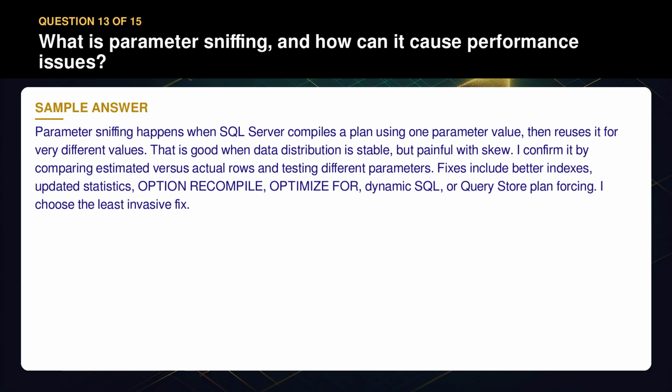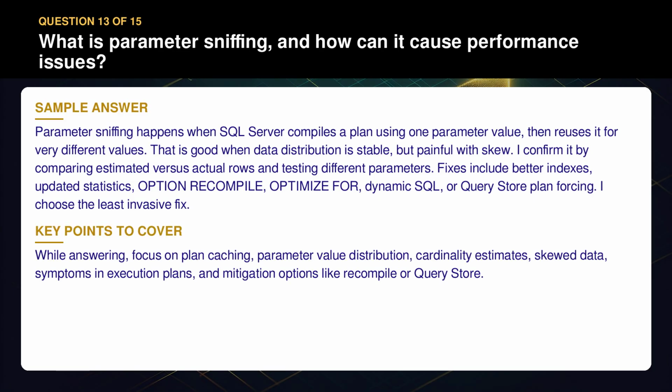Fixes include better indexes, updated statistics, option recompile, optimize for, dynamic SQL, or query store plan forcing. While answering, focus on plan caching, parameter value distribution, cardinality estimates, skewed data, symptoms and execution plans, and mitigation options like recompile or query store.